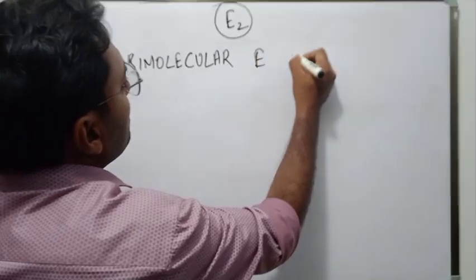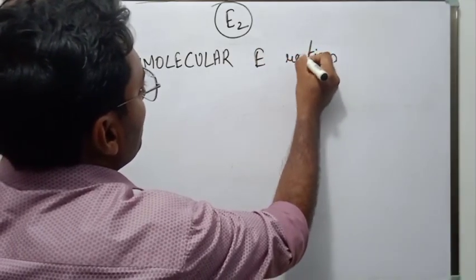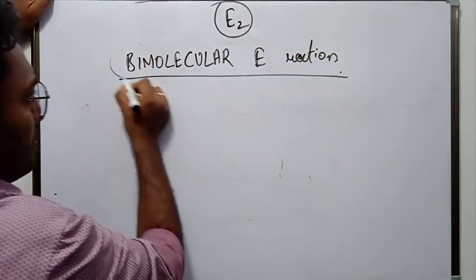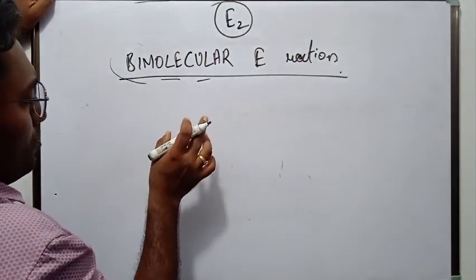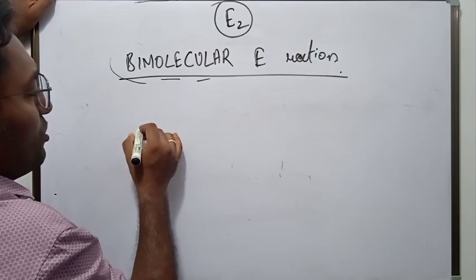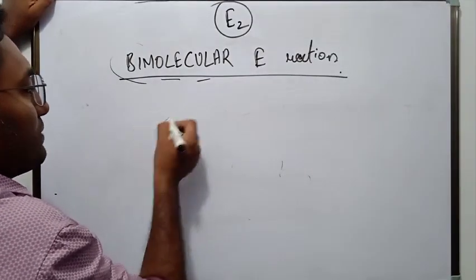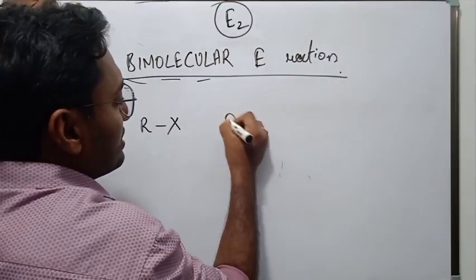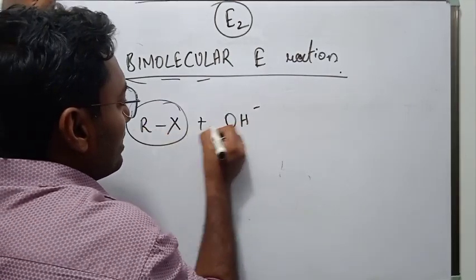You may write the full form. Now the use of the word bimolecular means that it is dependent on two molecules. Which two molecules? The molecules that participate in the reaction. The two molecules that participate in this reaction are the alkyl halide and the base, OH minus.